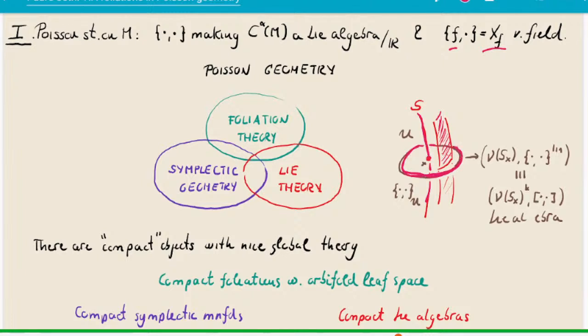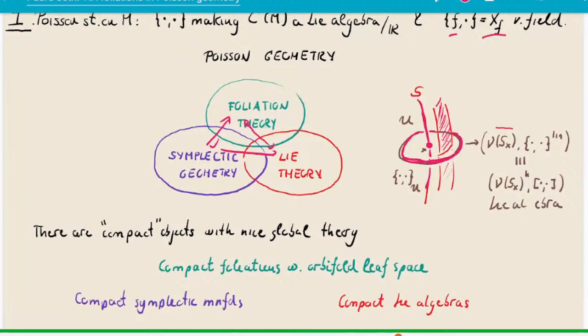That Poisson structure vanishes at this point, and that means that one can linearize it, and produce the corresponding linear Poisson structure in the normal space to the symplectic leaf. And if one dualizes that data, what one finds is simply a Lie algebra. So every Poisson manifold comes with a Lie algebra attached at each point. And when you're doing Poisson geometry, what you're really doing is studying the very, very subtle interaction between these three areas.